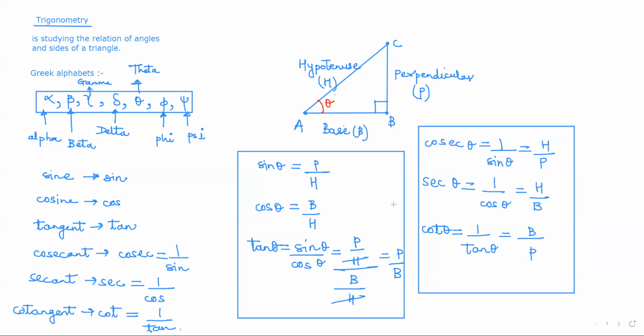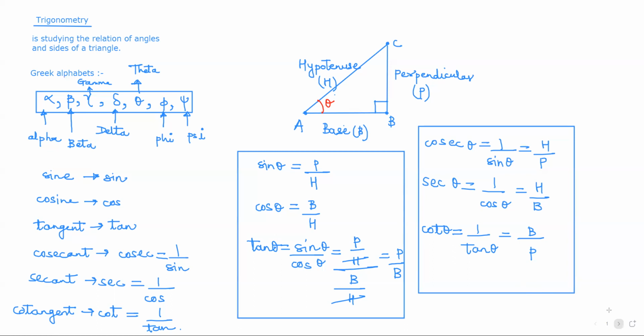So let's move ahead. I hope all of you are done. Yes, sir. Okay. So these are the 6 primary functions of trigonometry.